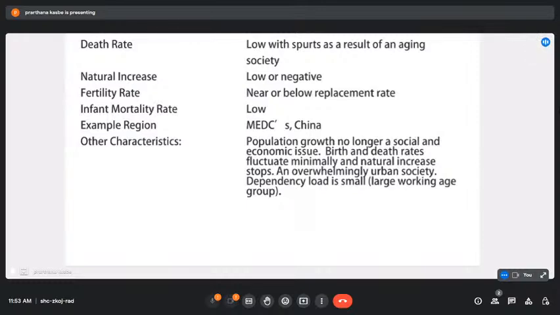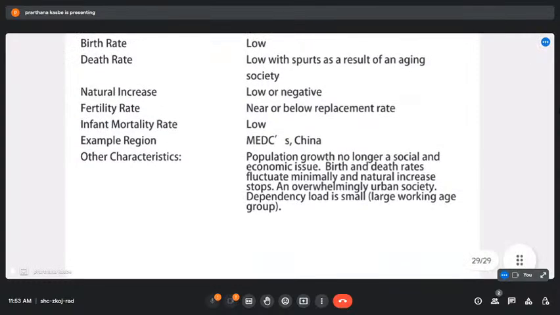What do I mean by MEDs? MEDs stand for more developed countries, such as China, etc. The more developed countries make up less than 20% of the whole world.